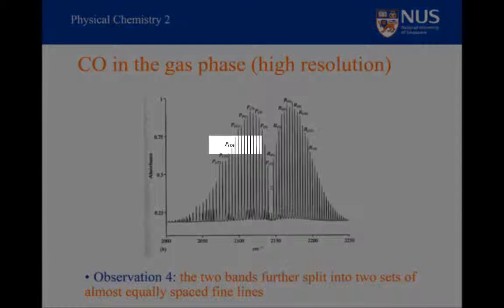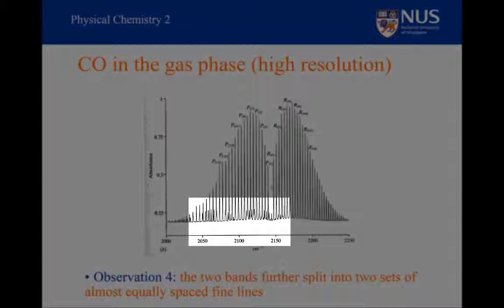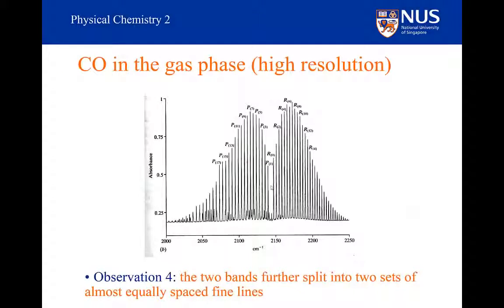And if you look at these lines as you go to lower frequencies, you can see that the lines are getting further apart. This needs to be explained. There is also some structure down here centered at a slightly lower frequency at some 2100 wave numbers. We saw the same problem for the rotational spectrum for carbon monoxide. This is due to carbon-13 monoxide.